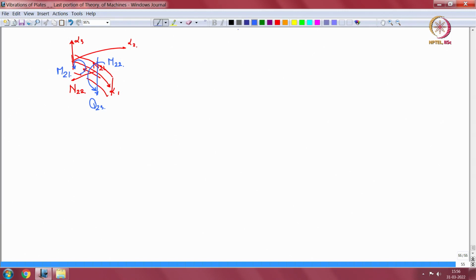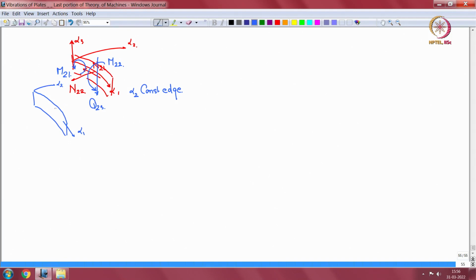So now this is the alpha 2 constant edge. Okay. Similarly, if I just reproduce that edge over here, okay, this is alpha 1 and this is alpha 2.